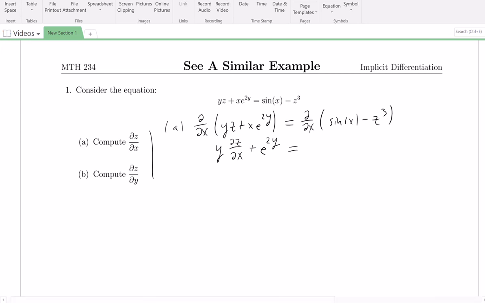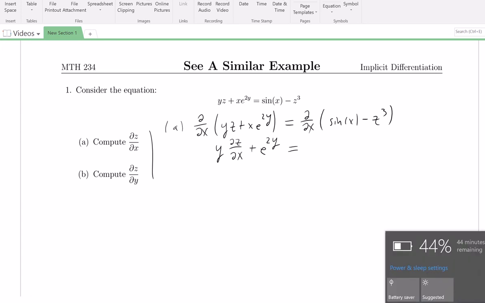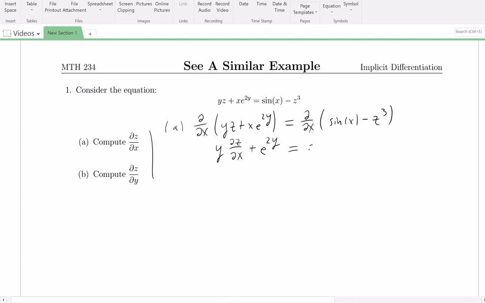Okay, on the right hand side, the derivative of sine x is certainly just cosine of x. And now since z is a function of x, we have to use the chain rule here. So minus 3z squared times partial z partial x.